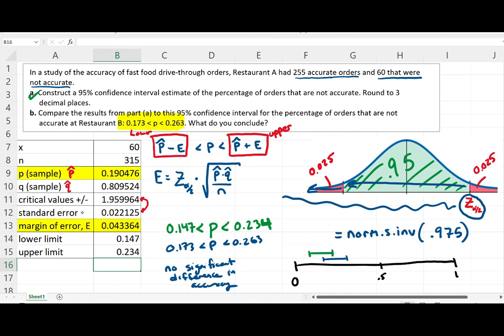And this right here is our formula for margin of error. In this case, our critical value is 1.96. Anytime you're doing a confidence interval estimate for the proportion, if the confidence level is 95%, the critical value will be 1.96.